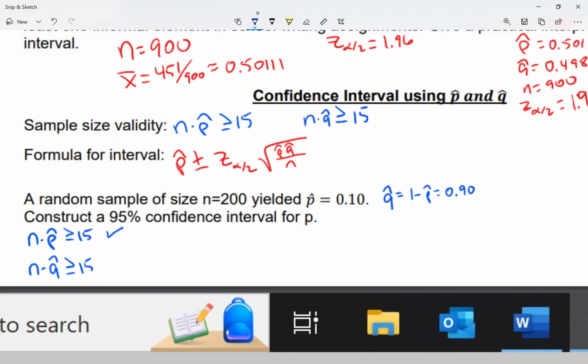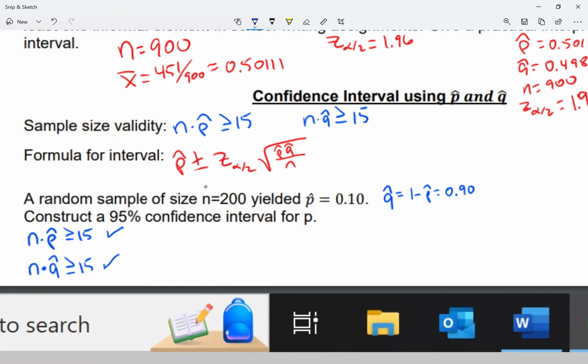So is 200 times 0.90 more or equal to 15? Yes. So remember, we do the sample size validity check: n times p hat and n times q hat. They both have to be greater or equal to 15.